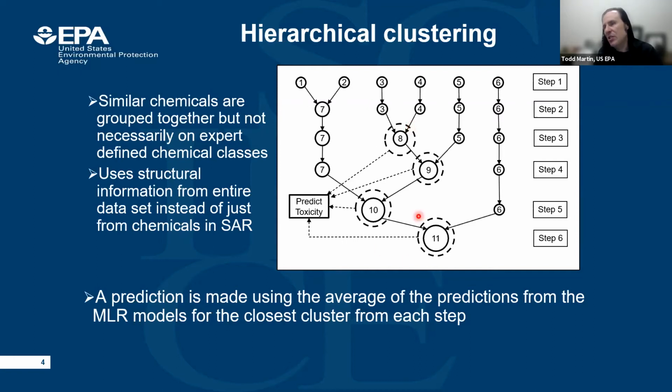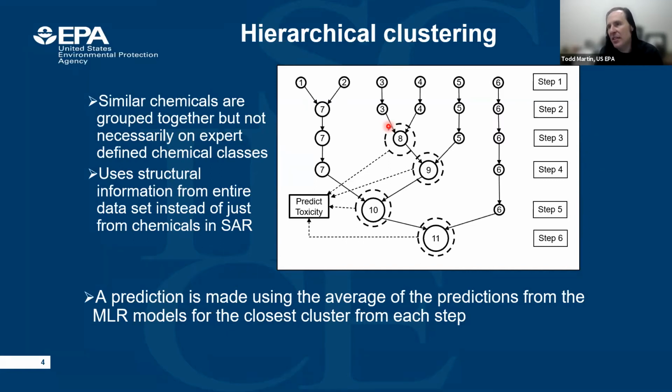Whereas this approach allows you to use all the different data in the data set, so you'd be able to make a prediction for a chemical that had, say, an alcohol and an amine in the same molecule. If you're only using a class-based approach, you wouldn't be able to really decide which model to use. You'd probably have to make a prediction from an alcohol model and an amine model, and take the more toxic value.